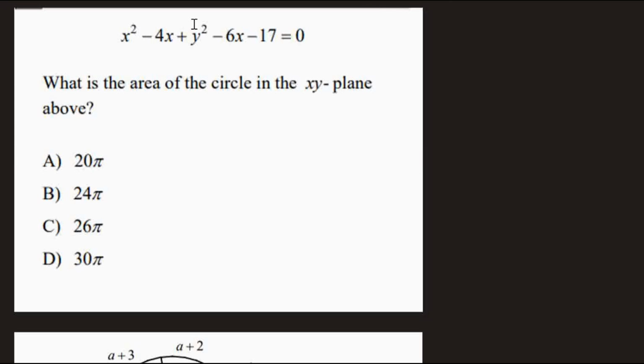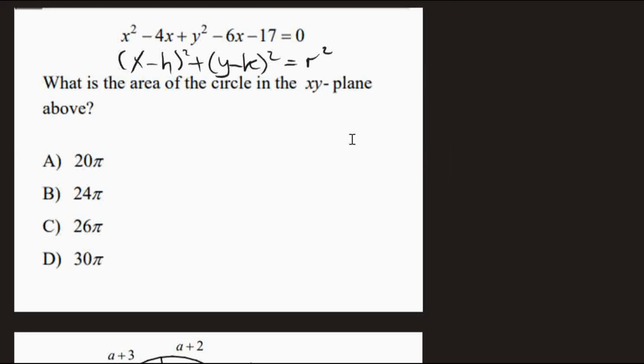This is the equation of a circle in the general form. Now we need to convert that into the standard form, in the form of x minus h squared plus y minus k squared equals r squared. r will be the radius.